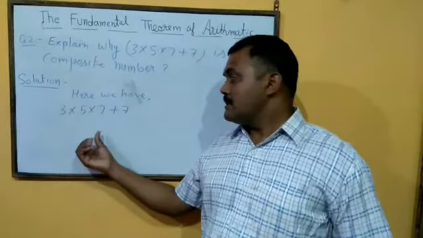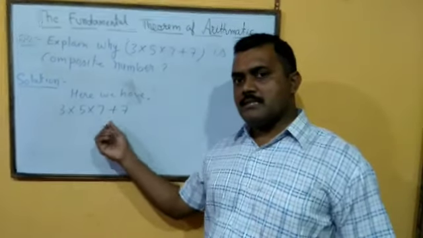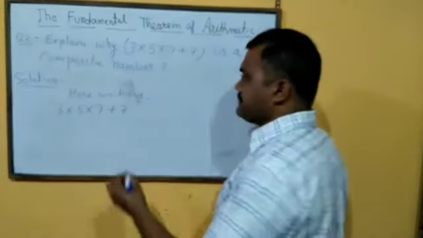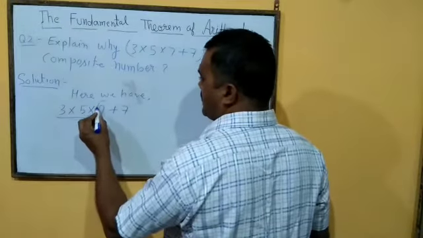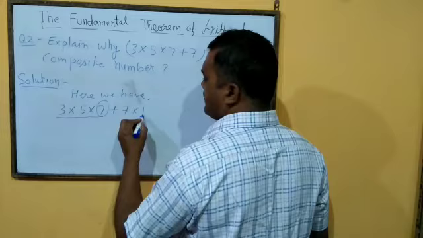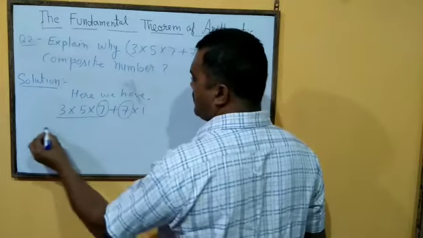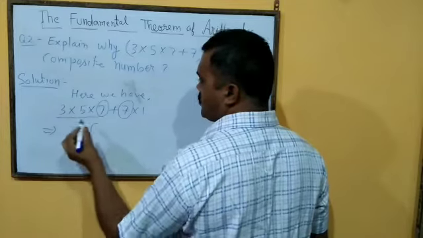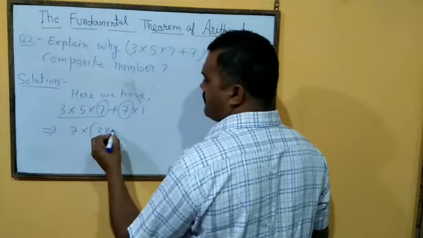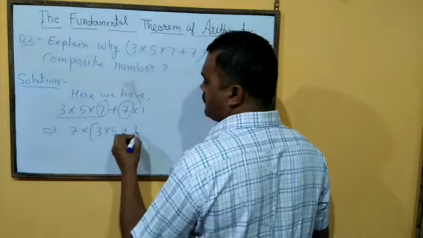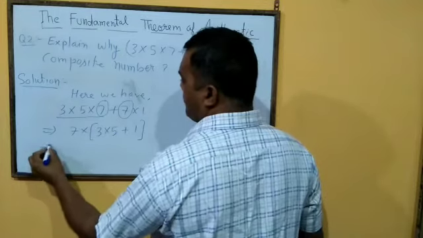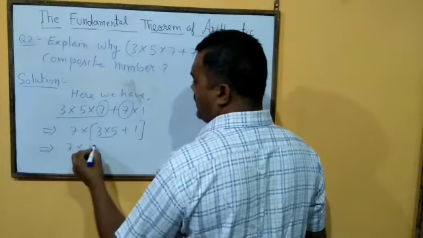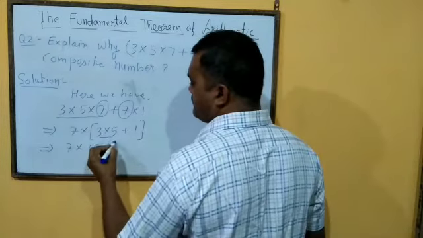So you can see here 7 is common at both places, before the plus sign and after the plus sign. So we'll just take it outside. From this we'll take 7 common, and this 7 can be written as 7 into 1. In the next line we'll take 7 out as common. So we have 7 into 3 into 5 plus 1. Now 3 5s are 15 plus 1.